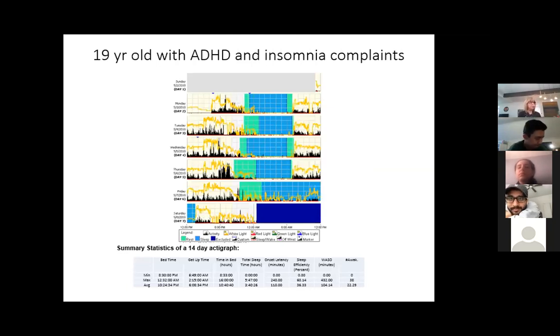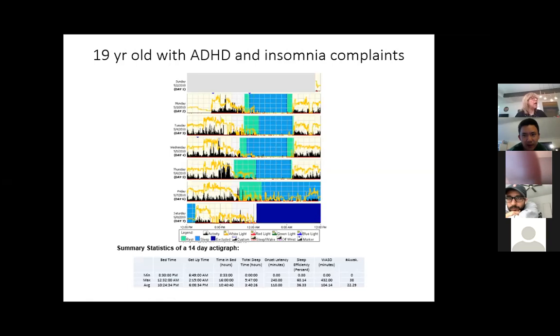Okay. These are real Carol cases. This is a 19-year-old with ADHD and complaints of insomnia. Now, I didn't show you this before, but we had the Respironics. This was not Respironics. It was another company and I'm blanking on their name.